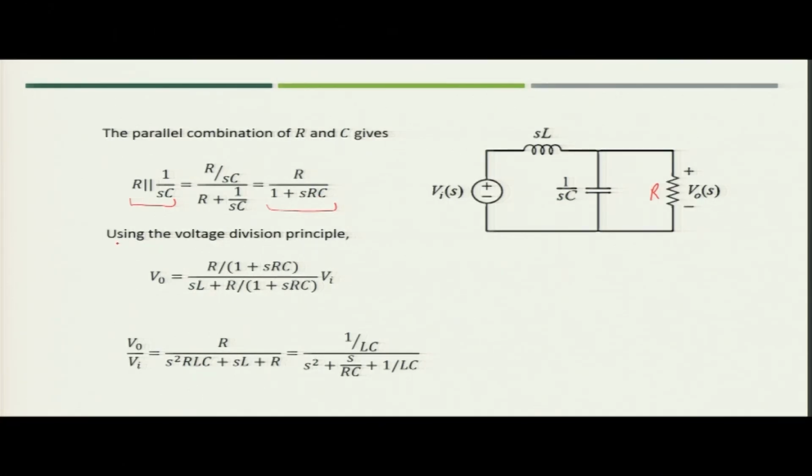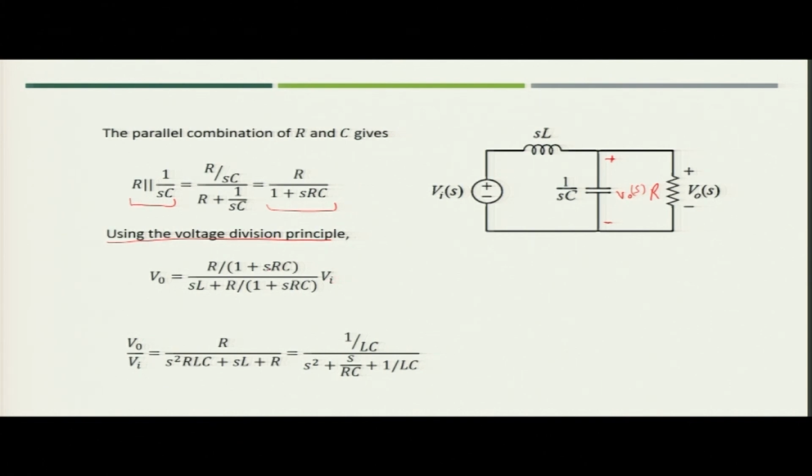Now, we can utilize the voltage division principle, since this V naught is also across the capacitance. Basically the parallel combination of capacitance and resistance will have the voltage V naught S across them. So, we can utilize the voltage division principle and find out the value of V naught in terms of Vi.